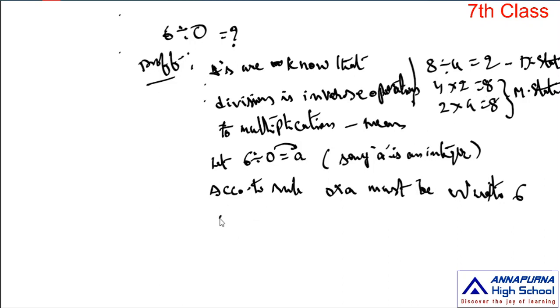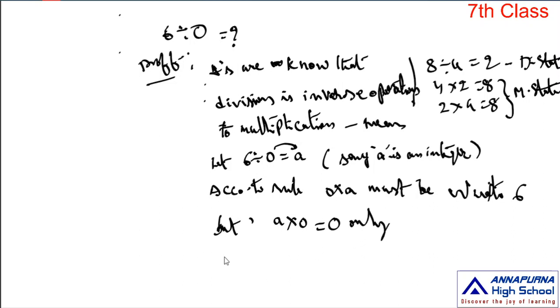But we know that, all of you, listen carefully. If you multiply any integer by 0, that is a into 0 or 0 into a, it must be equal to 0 only. If you multiply any integer by 0, we will get 0 as an integer.